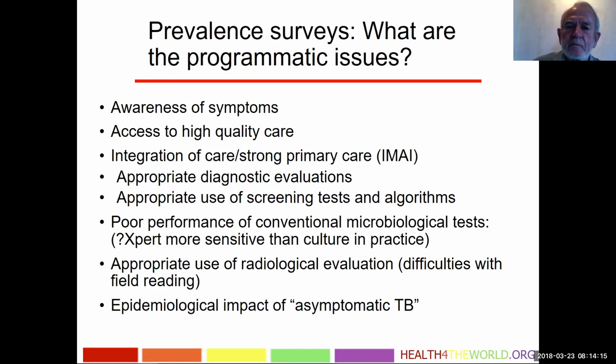The data also show just how poor the performance of conventional microbiological tests is. And as I suggested earlier, it looks in some of the prevalence survey data like the Xpert might actually be more sensitive than culture in practice.